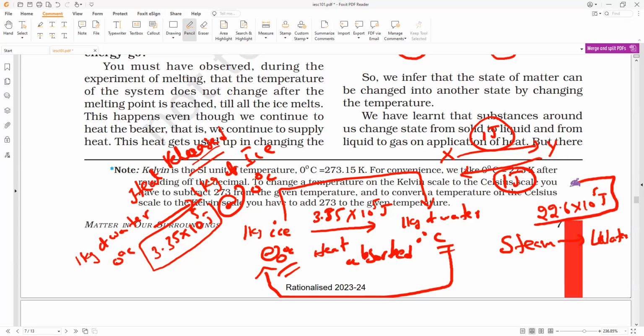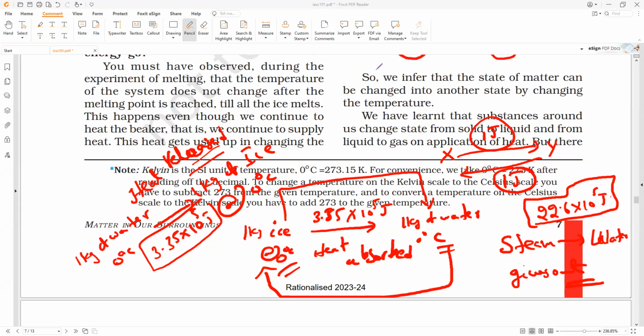That is why, when steam touches our skin, it condenses very fast and gives out extremely high energy, 22.6 into 10 power 5 joules. That is the reason steam causes a more severe burn compared to boiling water. Is it okay, guys? Please respond.